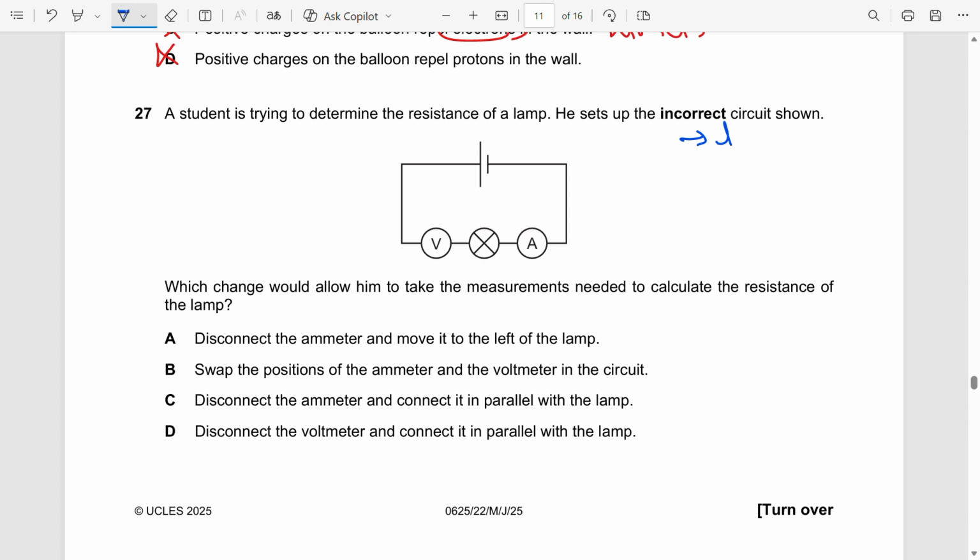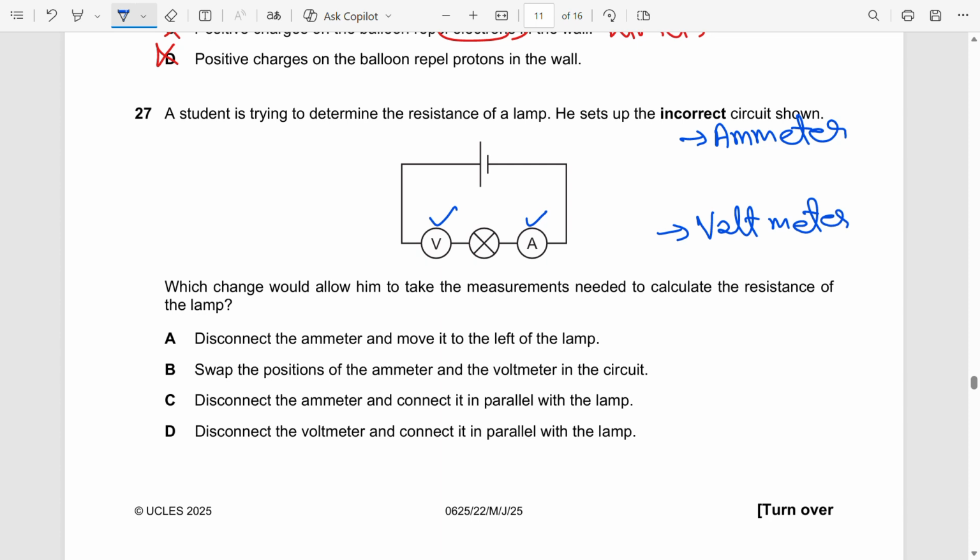But there are two meters right here. The first one is the ammeter, a current measuring instrument that tells you the exact reading of the current. The second one is the voltmeter, which tells you the voltage or potential difference.